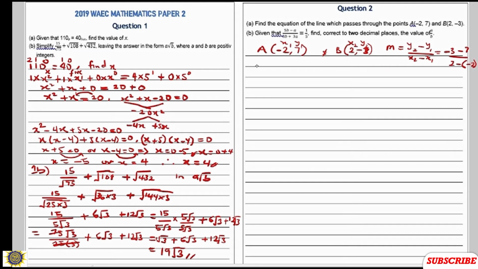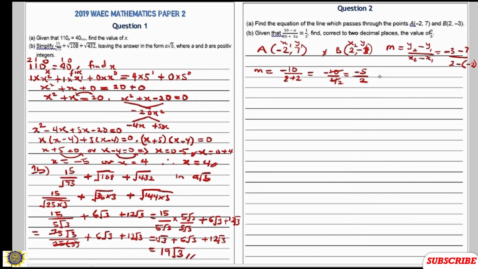So we now have our gradient m equal to minus 3 minus 7 which gives us minus 10, all over 2 plus 2, which is 4. Minus 10 over 4. Divide both by 2, and we have minus 5 over 2. So that is our gradient.